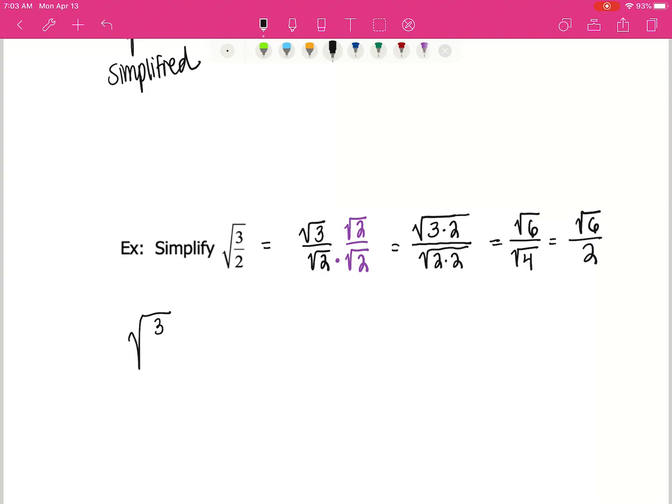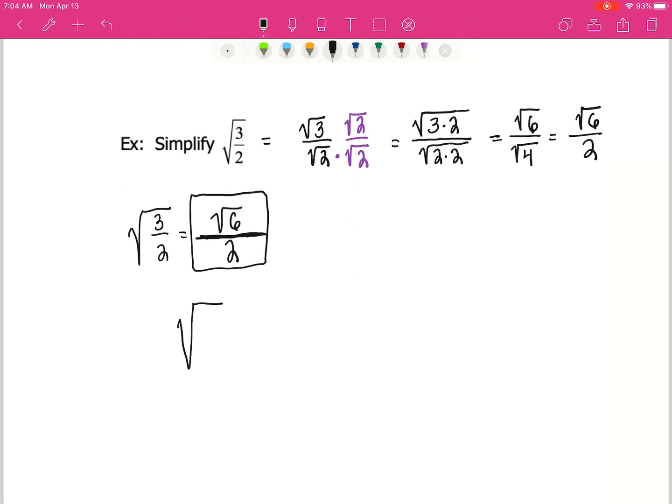So the square root of 3 over 2 is equal to the square root of 6 over 2. The square root of 3 halves, that's probably how I should have said that. The square root of 3 halves is equal to the square root of 6 over 2, where 2 is not in the radical. Clearly, it is not in the radical. So you need to make that very clear in your answer.